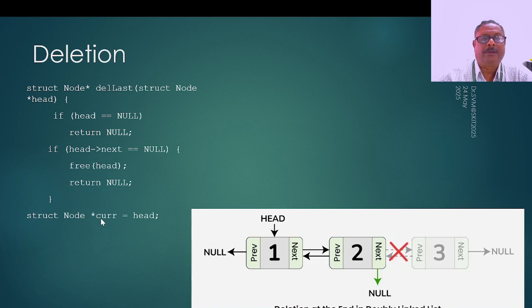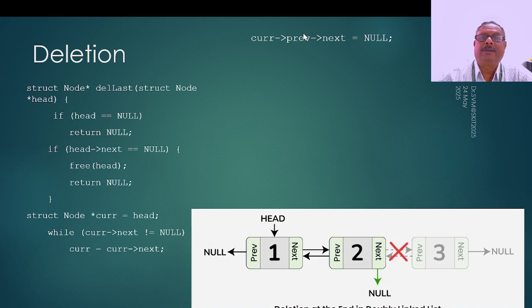So we define a pointer called current, beginning with the head, and start moving further till we reach the end. While current's next is not null, keep moving: current is current's next. Keep moving till you reach the end.